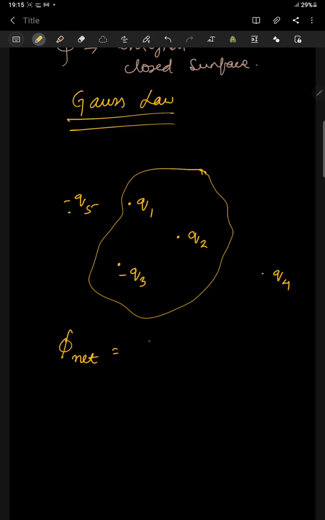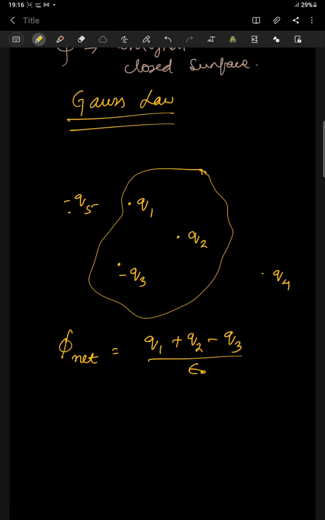Gauss told it will be Q1 plus Q2, since Q3 is minus, so minus Q3, divided by epsilon naught. So this will be the answer. Then the question comes, what is the contribution of Q4 and Q5? They will not contribute to the flux associated with the closed surface, as these charges are outside the closed surface. Okay.